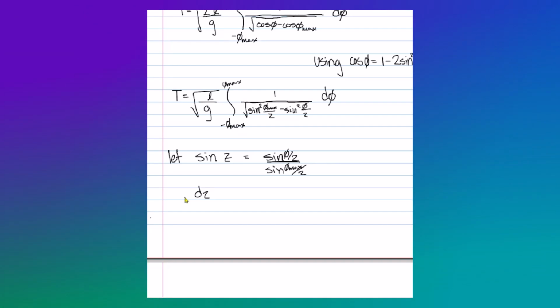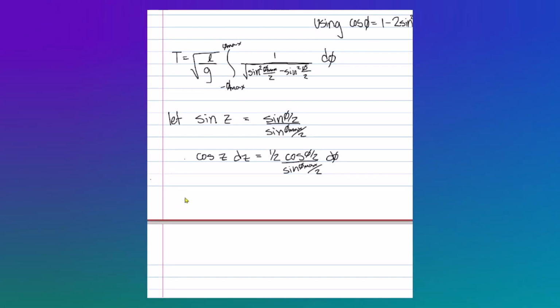This implies that cosine z dz is equal to 1/2 cosine phi over 2 d phi, still over sine phi max over 2. And we can start plugging in our expressions to help evaluate this integral.